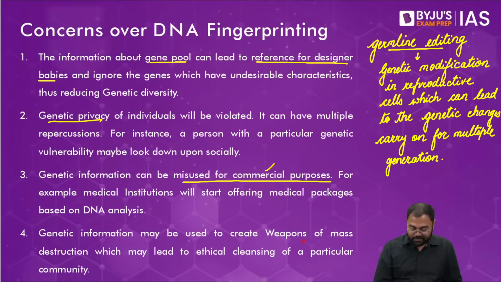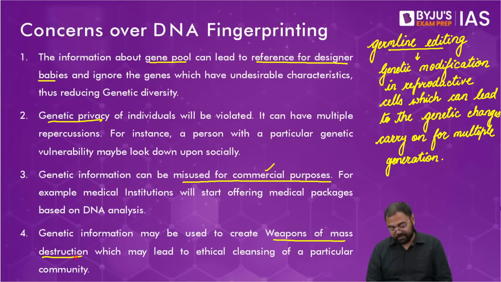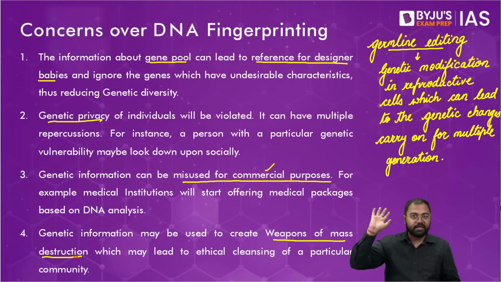Now also, genetic information might be misused for creating weapons of mass destruction, right? Here what happens is that your genetic information might be used against you. Let's say you take the example of India. We know that in the south you have the peninsular part of the country, which is surrounded by seas and ocean. In the north, on one side you have the Himalayas, on the other side you also have the Karakoram and the Thar.